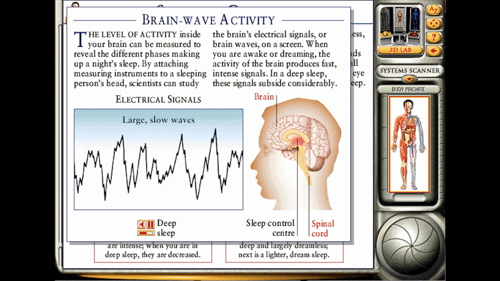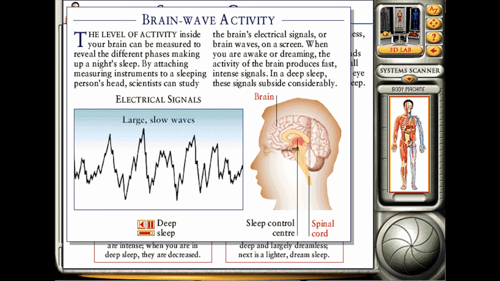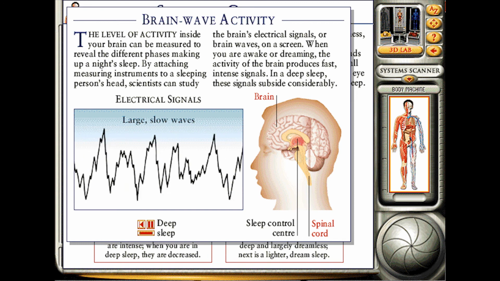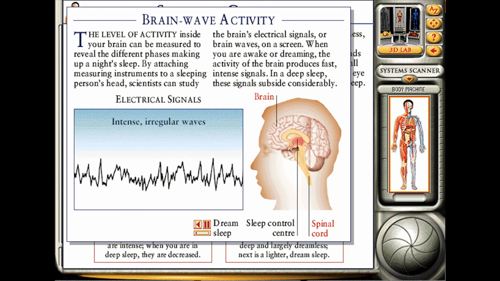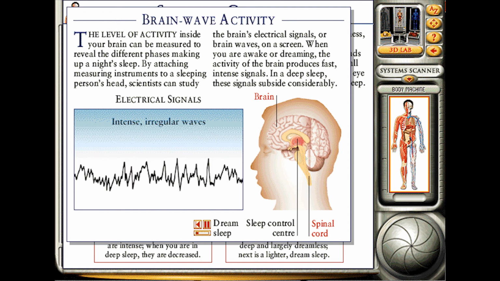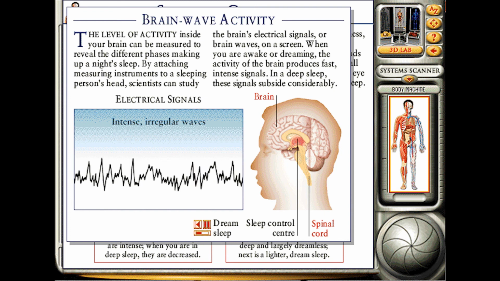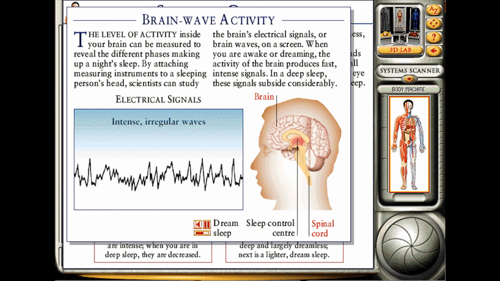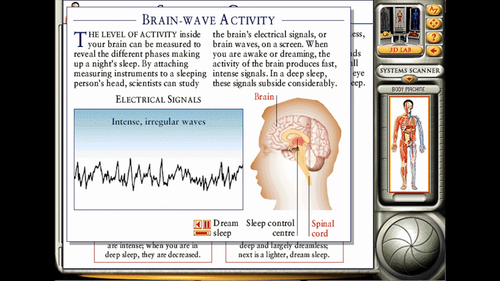The electrical signals sent out by your brain become less intense, and their rhythm slows. Your breathing rate and heart rate become irregular during dream or REM sleep. The electrical signals from your brain are intense at this time and resemble those sent when you are awake.